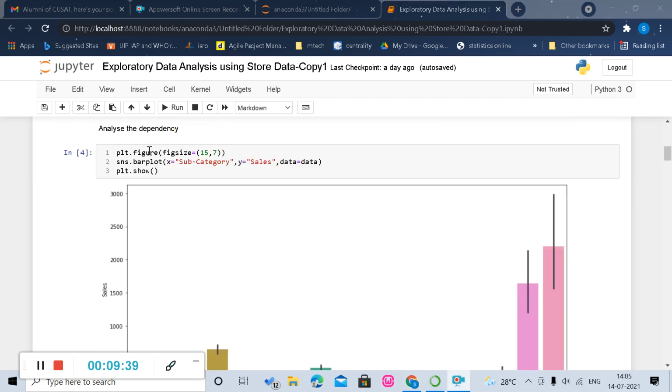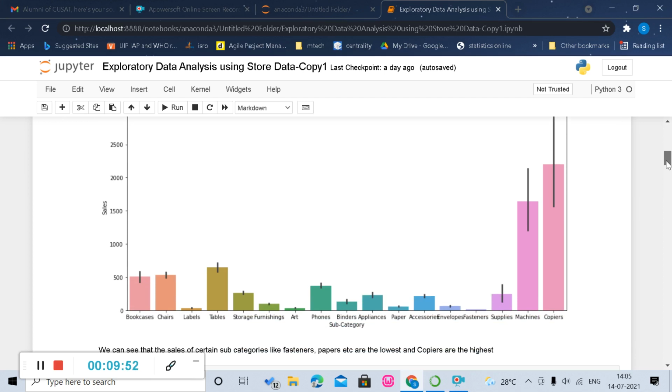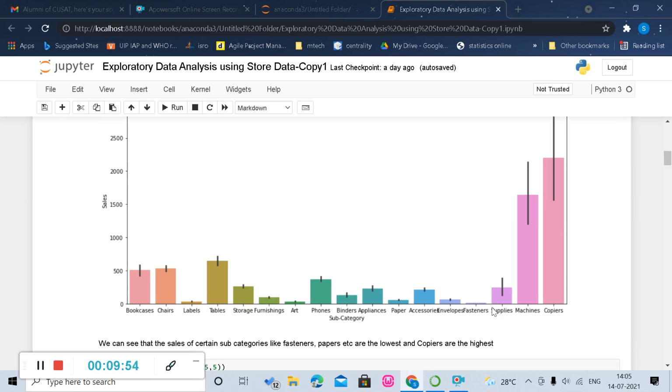Now for analyzing the dependency, subcategory and sales are the two values that we have taken here, and a bar plot is done. The different subcategories are displayed here with the corresponding sales. You can see copiers, this particular subcategory, is having the highest sales.